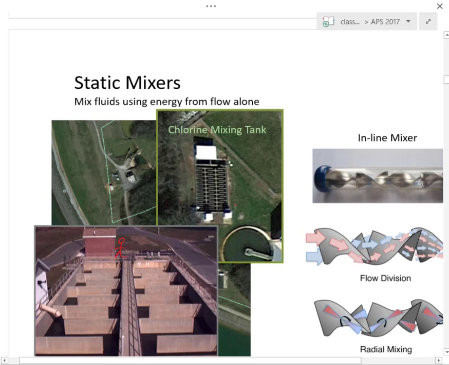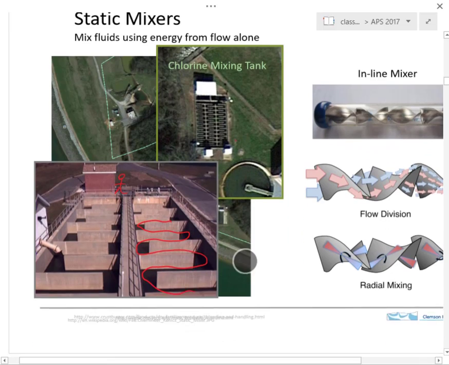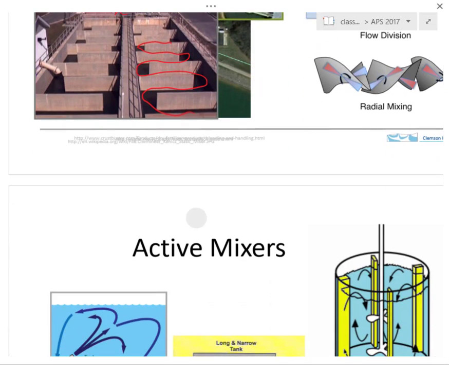So it's a pretty big structure, and what's happening here is that the flow is going along this kind of serpentine channel, and mixing is occurring during that process. Okay, so this is another example of a static mixer, where you induce mixing and allow a chemical reaction to take place.